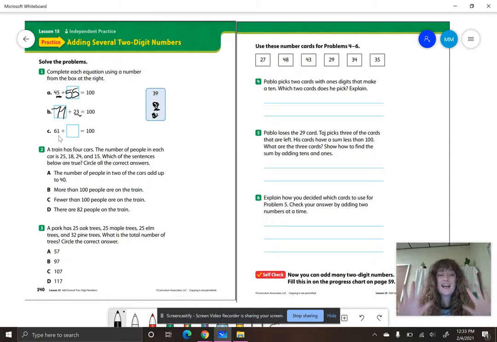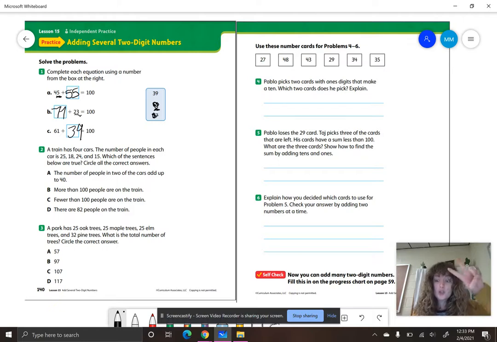I would need 9 ones. So if I put 39 here and I add that 1 plus 9 ones, I would have 10 ones. So that would make a 10. I would add that 10 to 3 tens, so 40. So 60 plus 40 would equal 100. All right, so we can look at that ones place to help us make tens.